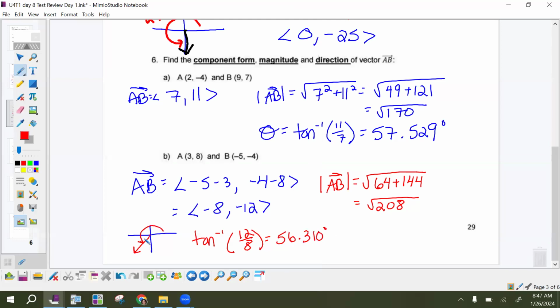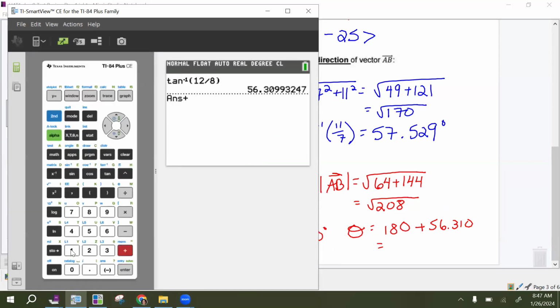So in quadrant 3, our actual direction is 180 plus the reference angle. That gives us 236.310 degrees.